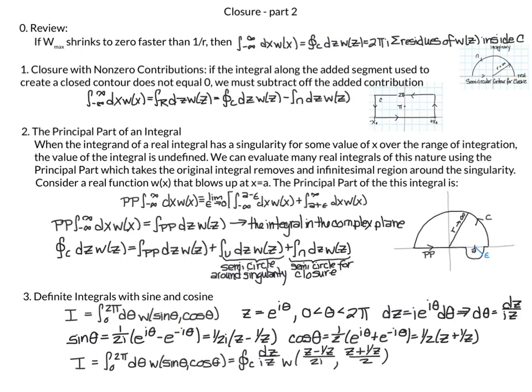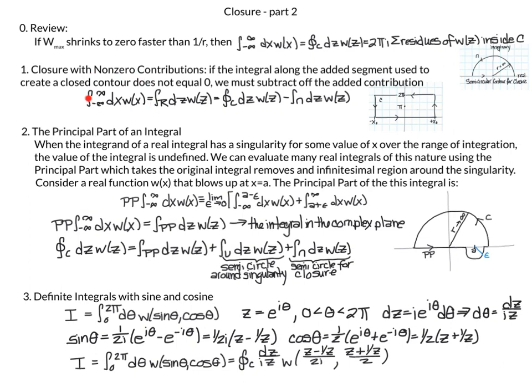In this video, we are going to look at one strategy for dealing with closure with non-zero contributions, that is, the integral over the arc is not equal to 0. So the integral along the added segment, the semicircle used to create a closed contour, does not equal 0, and we must subtract off the added contribution.